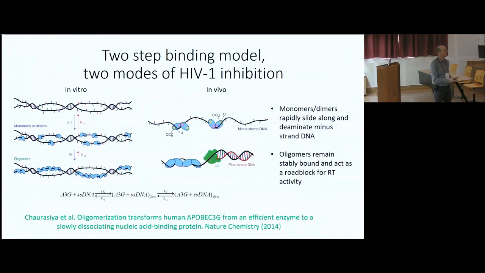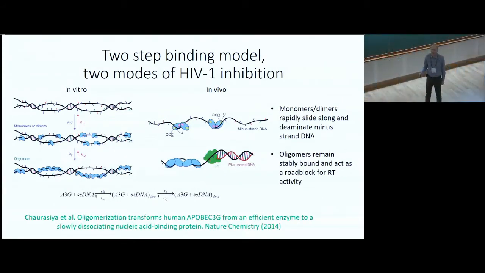But in the virus, it only packages about 10 of these. So the problem is that this could require 1,000 proteins to make this slow oligomer, and there are only 10 in the virus. So people said, you haven't shown this is a biologically relevant process.